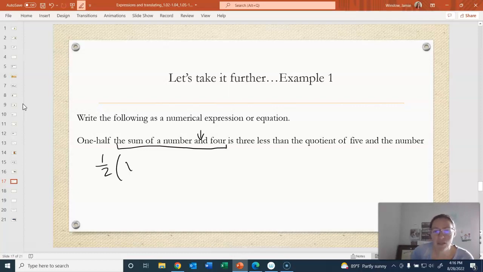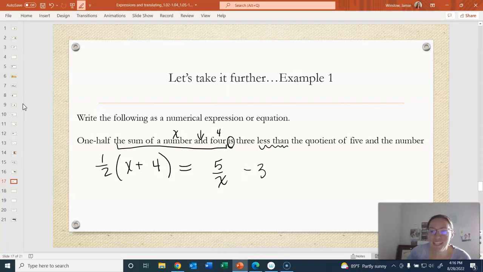So we're going to sum. So sum is addition. A number is x and 4, right? So we're going to take 1/2 of all of that. And that is, here's that less than phrase. So we want to make sure the 3 comes off the back. So I'll write the 3 here. 3 less than the quotient of 5 and a number.